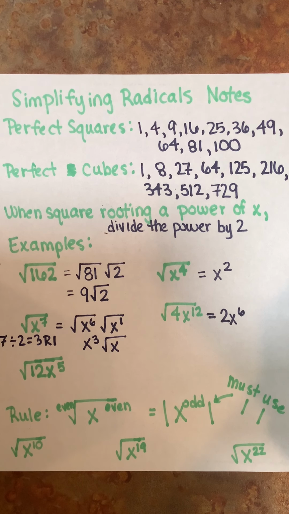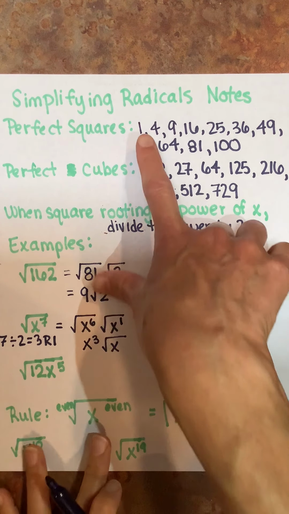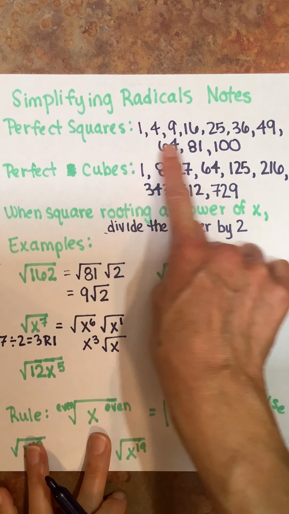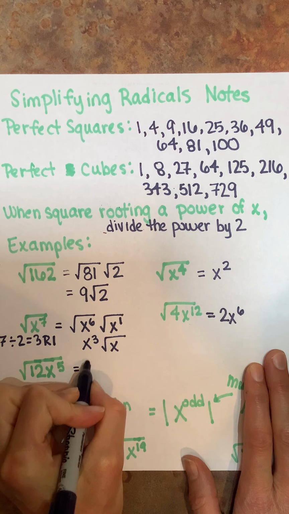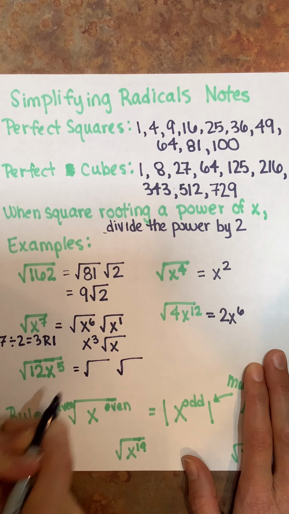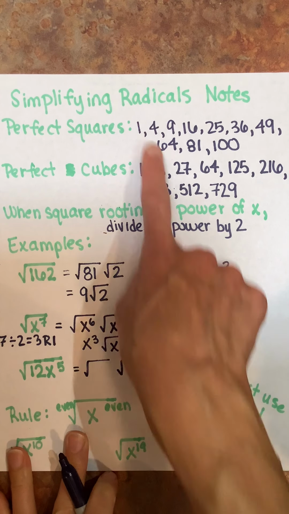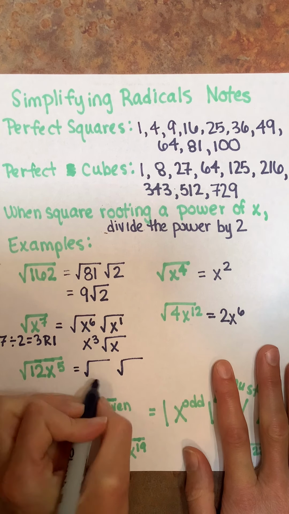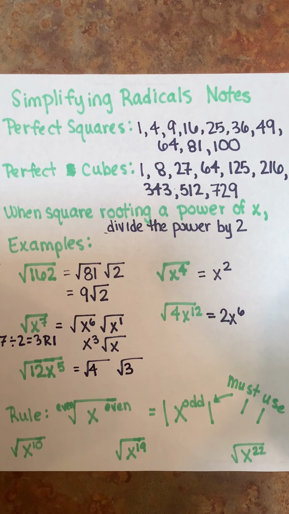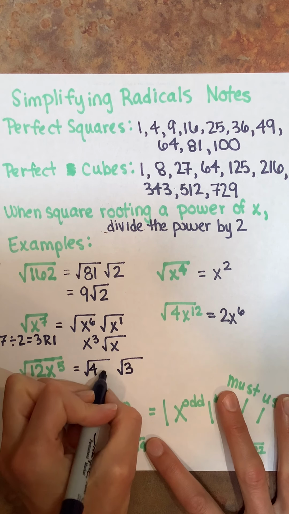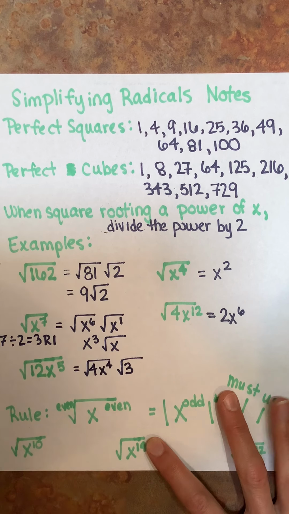Okay, the next one, is 12 a perfect square? It is not, so we're going to go back to our list of perfect squares and factor one of these out of 12. Which one can be factored out of 12? 4 can. I'm going to use 4, and then I'd have a factor of 3 left over. x to the 5th is not a perfect square, but x to the 4th is.